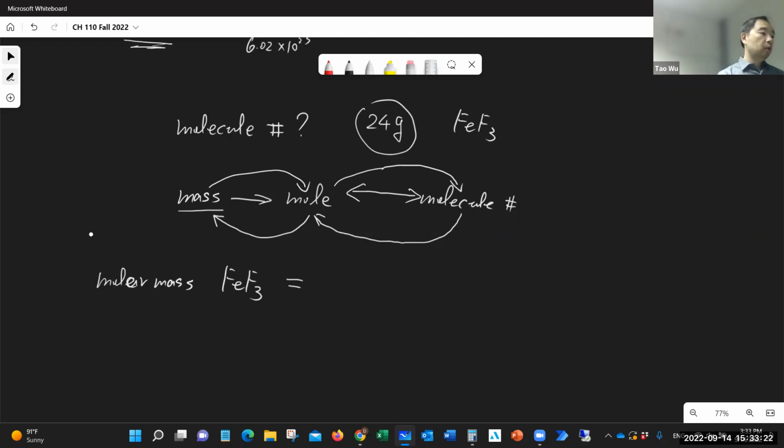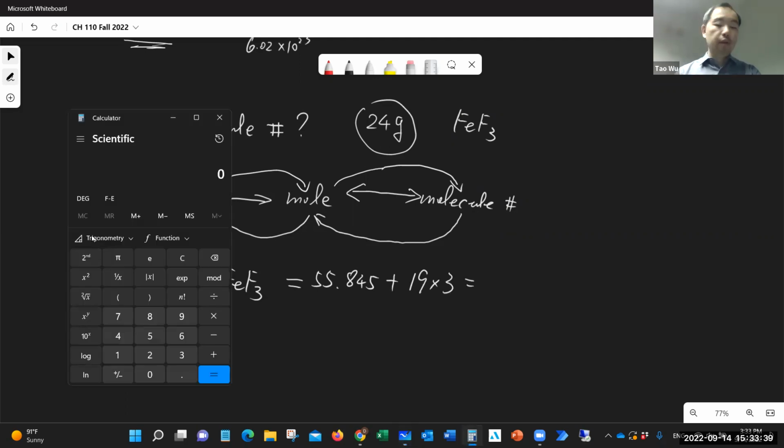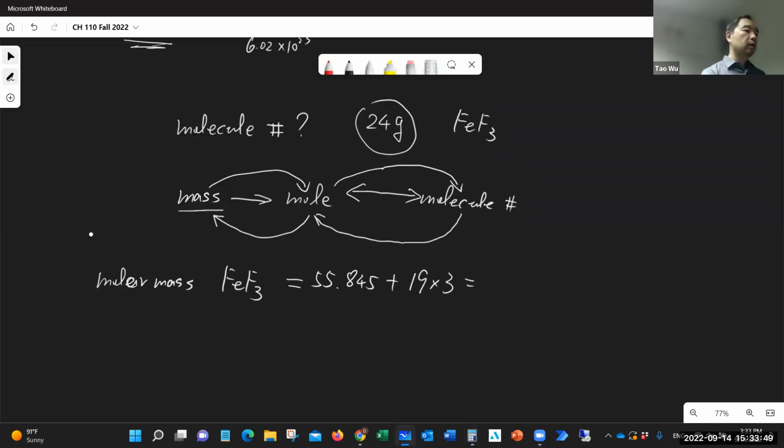So the molar mass is the iron, which is 55.845, plus the fluorine, which is 19 times 3. Put everything together: 55.845 plus 19 times 3, you get 112.845, and the unit is gram per mole.